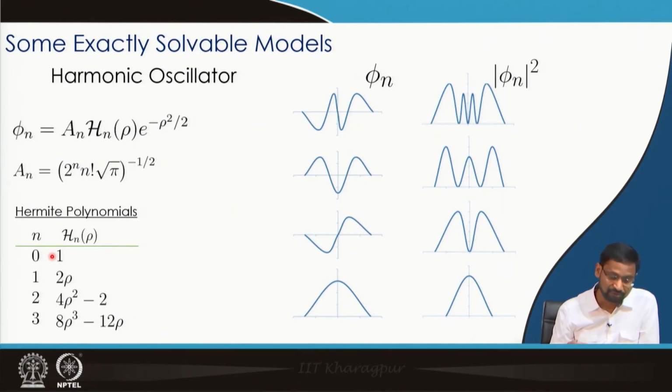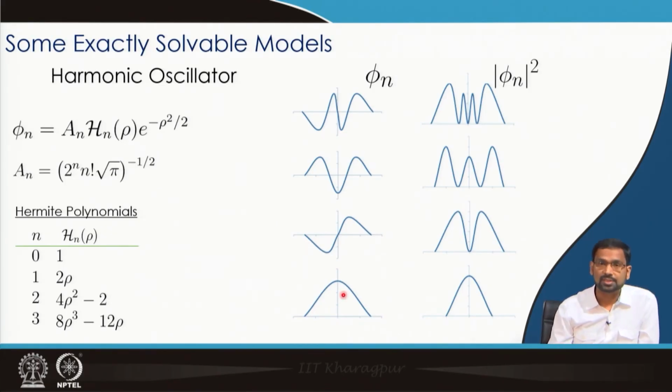If n is even, the Hermite polynomial is even. If n is odd, the corresponding Hermite polynomial is also an odd function. So, you see that this is an odd function, this is an even function, this is an odd function. Therefore, the eigenfunction of the harmonic oscillator is either an even function or an odd function with respect to rho. So, it has definite parity, and this is very useful in obtaining the properties of this harmonic oscillator.